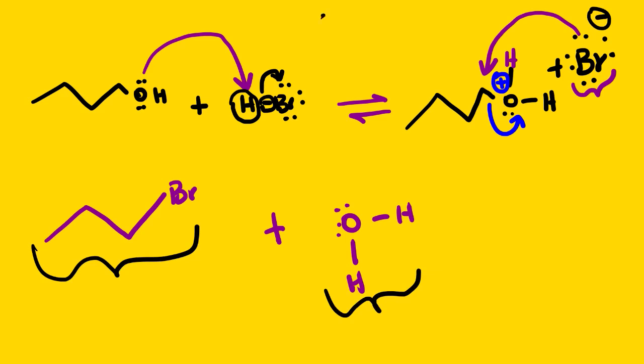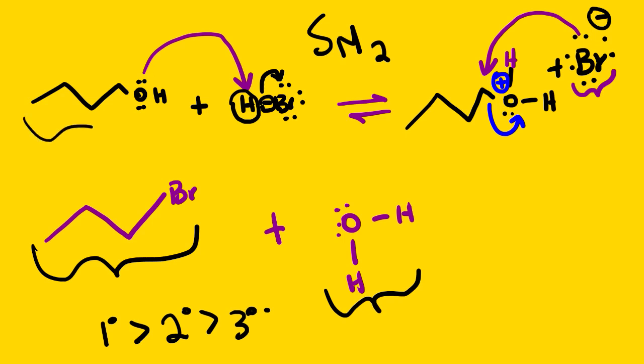So in this case you can see that this is an SN2 reaction. That is why when you look at the stability in SN2 reaction, we say primary alkyl halides are stable, and then secondary alkyl halides, and then we have tertiary alkyl halides. So for primary alcohols, you should know that they will undergo SN2 reaction.